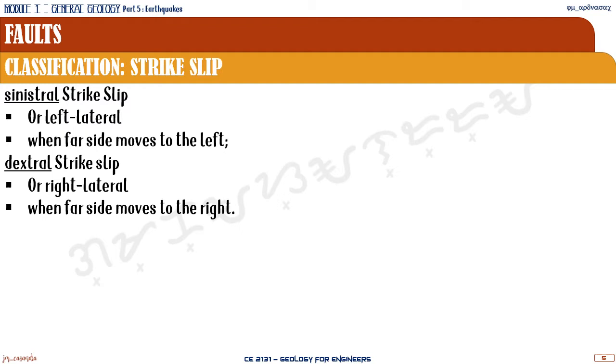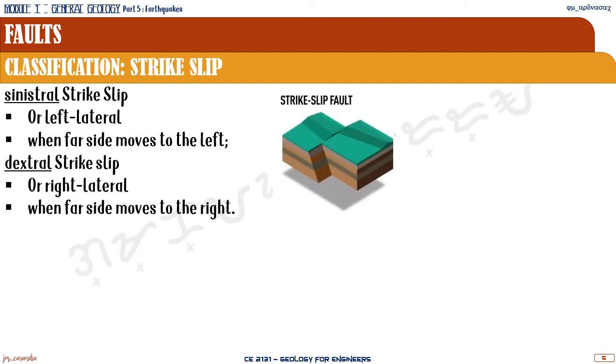So basically, for a strike slip, this is now an example of a fault that would be seen on transform boundaries. Okay, so as you can see here, diba? So they are moving past each other.